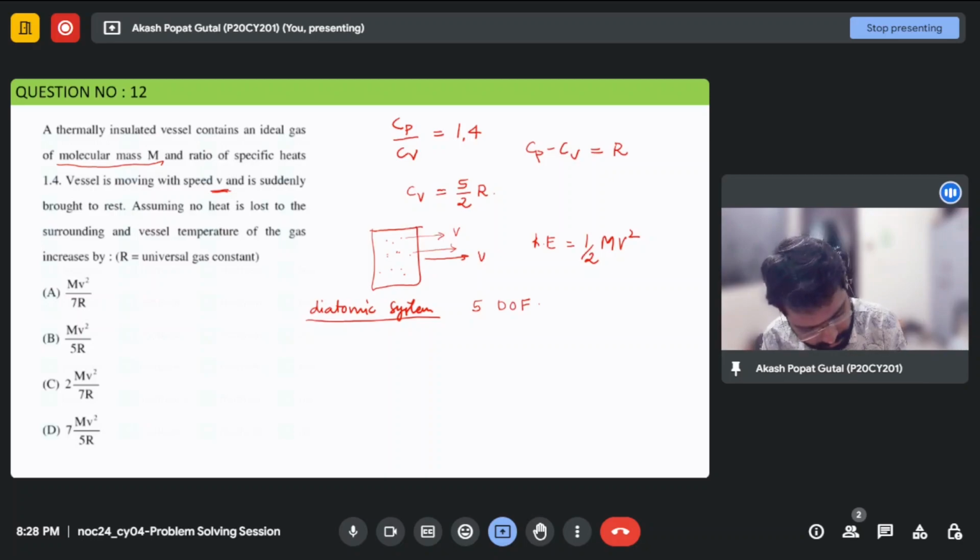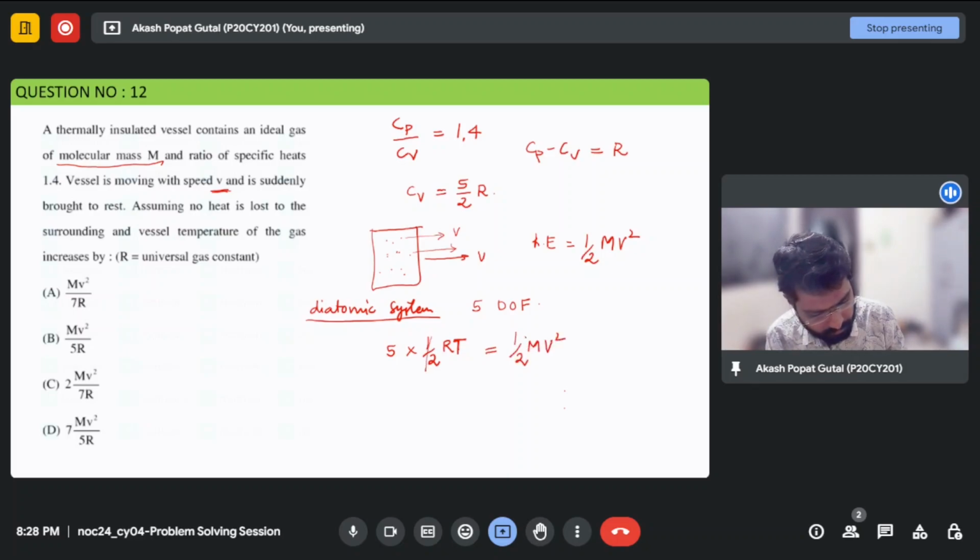So according to the kinetic theory of gases, 5 into 1 half R into T is nothing but its heat content at temperature T, which can be equated to its kinetic energy, 1 half M v square.